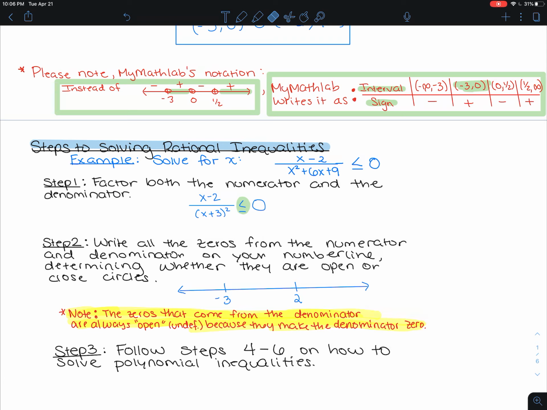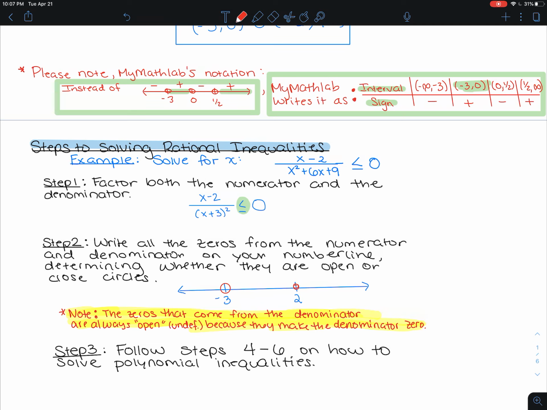So we have to remember that we cannot have a 0 in the denominator. So whether your inequality is less than 0 or less than or equal to 0, whatever 0 came from the denominator, it is always an open circle. So negative 3 came from the denominator, so we have an open circle. Remember, you cannot have zeros in the denominator, and negative 3 makes the denominator 0.